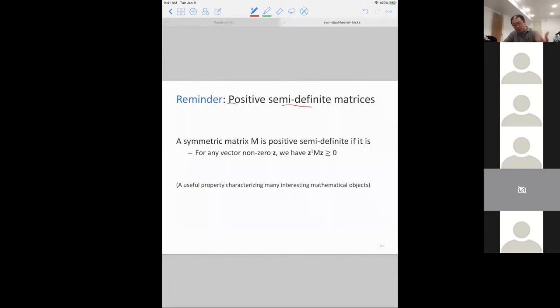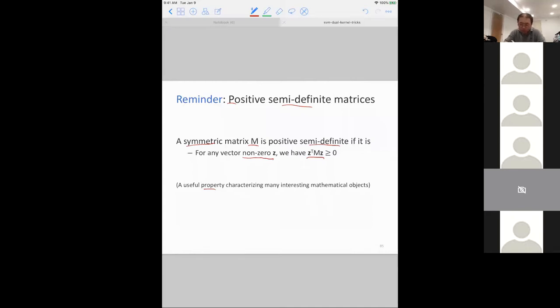So positive semi-definiteness is a property of symmetric matrices. It's a very important property, widely used to characterize all kinds of mathematical objects in math and engineering. So what's the definition of positive semi-definite? We call a symmetric matrix M positive semi-definite if for any non-zero vector z, this quadratic form is non-negative.